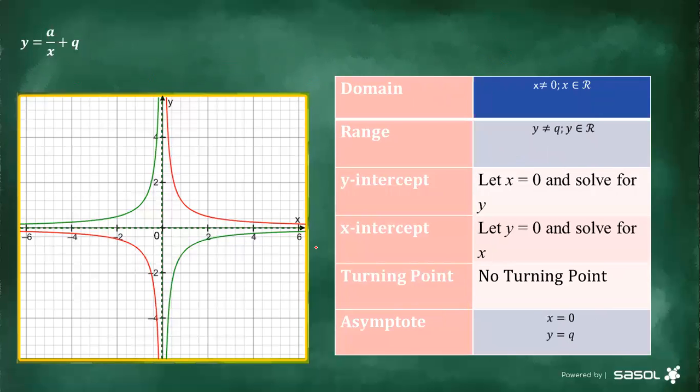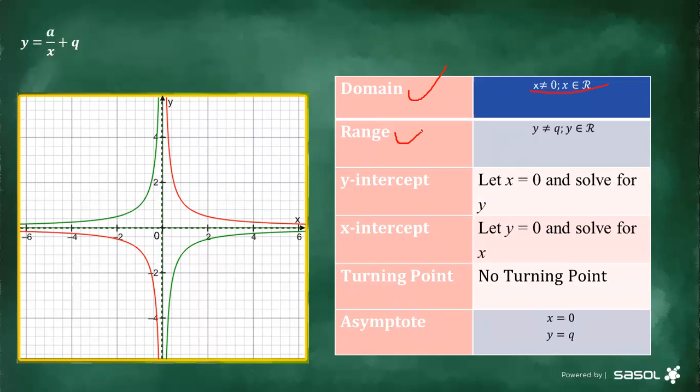And then we go to the hyperbolic function. Let's look at the domain. The domain is x is an element of all real numbers, but x should not be equal to 0. It will never change. Why? Because if you substitute 0 here, it makes this undefined.